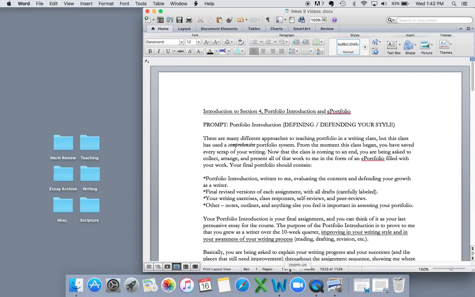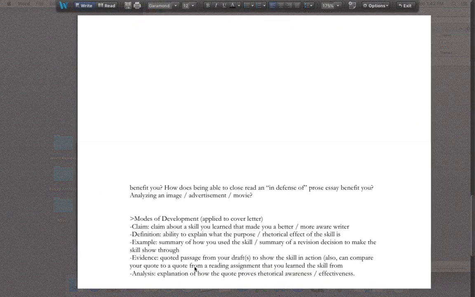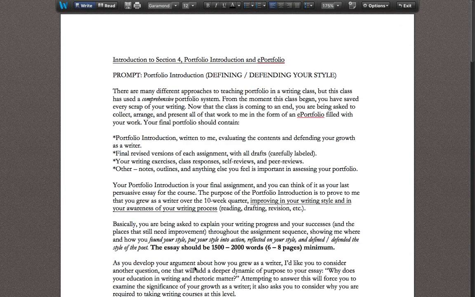So I'm going to pull up the prompt and we're just going to read it together and comment on some key features along the way that we should pay attention to. But again, this is introducing the ePortfolio and the portfolio introduction, but as you know, we're still working on the final essay at the same time that we start to build the ePortfolio and write the portfolio introduction.